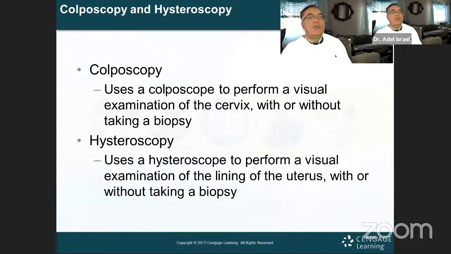If we say the word colposcopy, it is a medical term. If you remember, we had it in the Monday lecture, that colp means vagina, scopy means examination by visualization. So colposcopy is a tool, and this tool has many parts, but we use the simplest one, which we call vaginoscopy, and this is very common if you are going to have a gynecological examination.